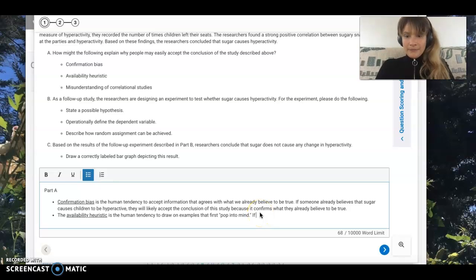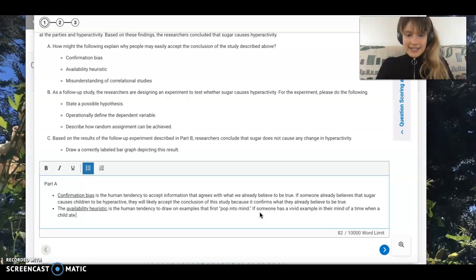If someone has a vivid example in their mind of a time when a child ate sugar, then became hyperactive, then they will likely accept the conclusion of this study.